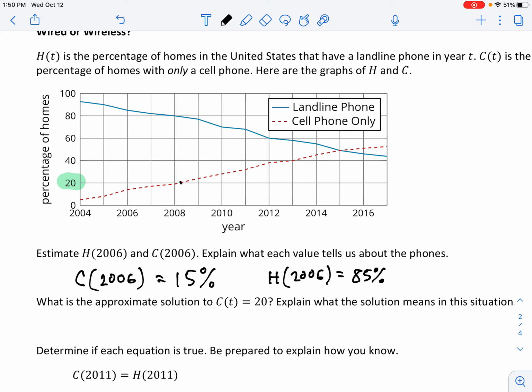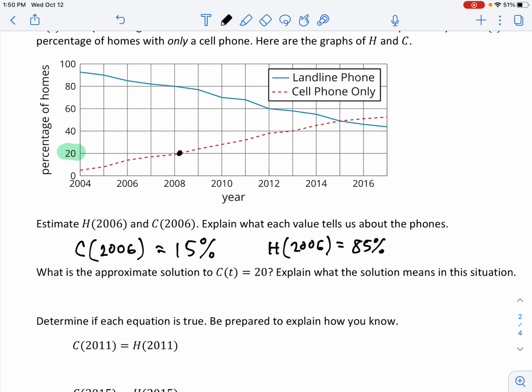You can see it's approximately right there, between 2008 and 2009, but we know it's the year 2008. So I would say that T is equal to 2008. Okay, it's approximately 2008. Now, what does that mean? It means that in the year 2008, 20% of households had cell phones as their only phone in the house.